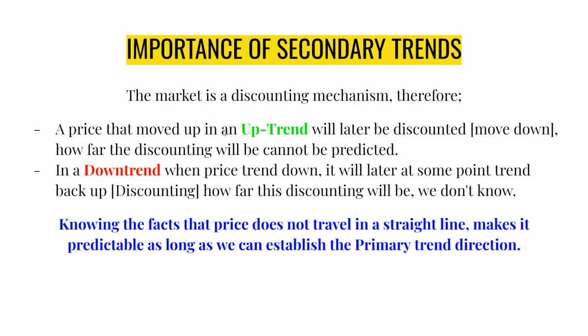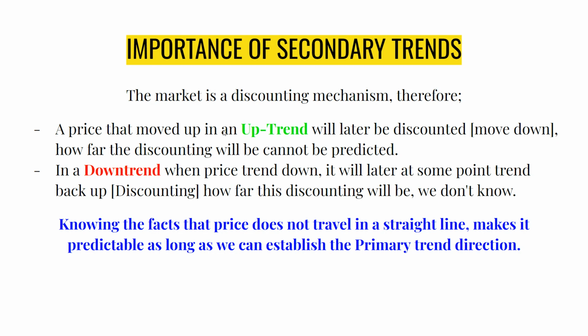I also want to explain the importance of the secondary trend to you today, because the market itself is a discounting mechanism. When a price moves in an uptrend, it will later be discounted because the price becomes too high. The people that bought from that low to the high will start to take profit, and that high will no longer represent good value for them.